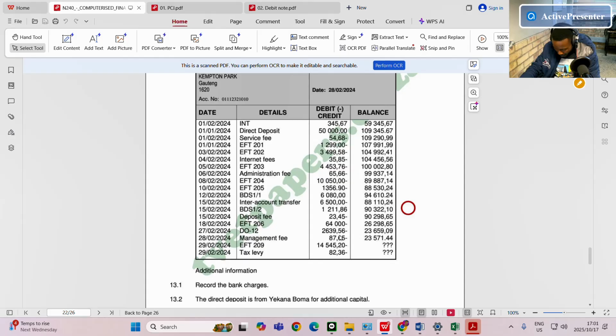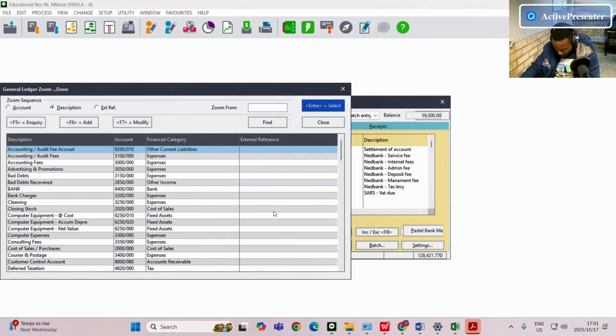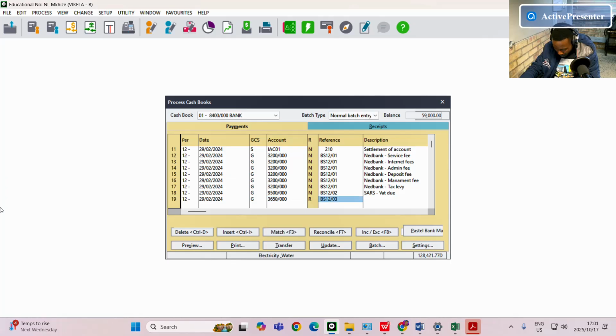They say it's for electricity and water. So it's fine, we're going to put it under electricity and water.